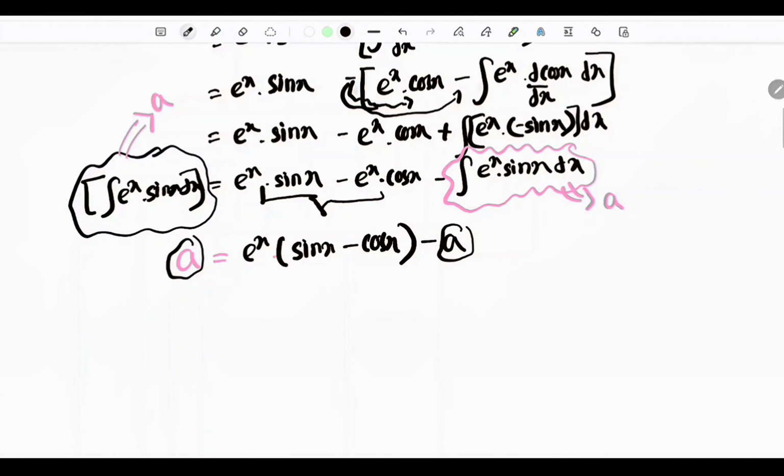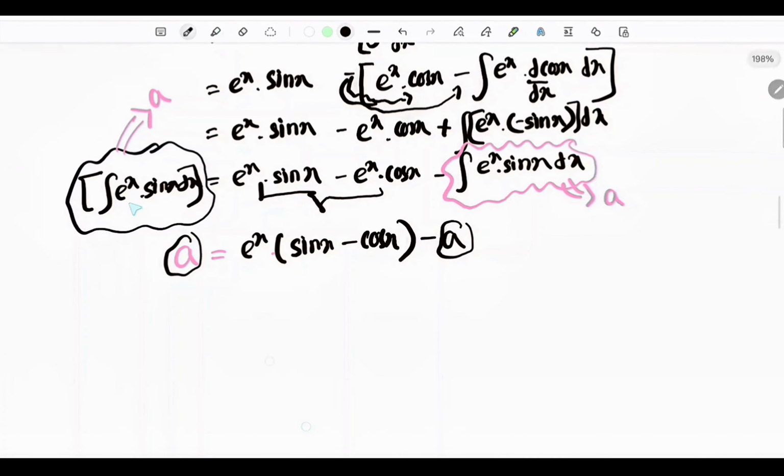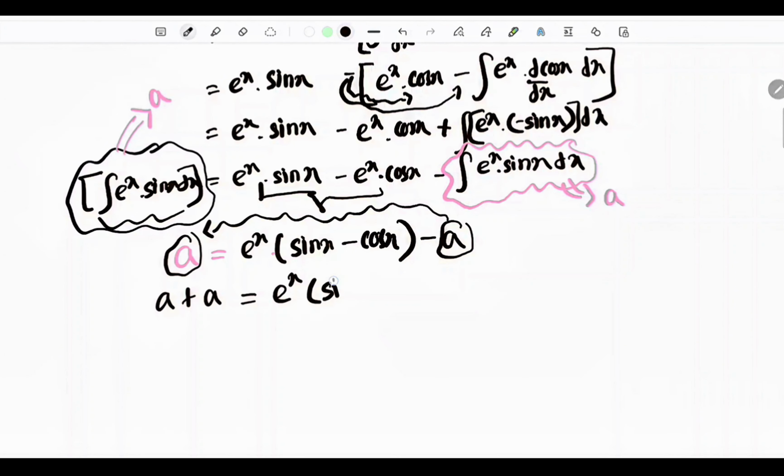This is another term you can call for this integration. So what I want you to see is that you can simplify, and you can move this minus a to the left hand side, and its sign will be positive. It means you can have a plus a on the left hand side. That's what I want you to see here, right?